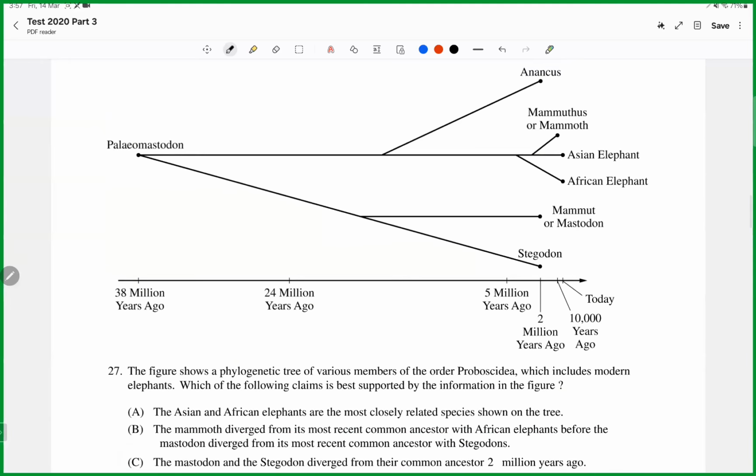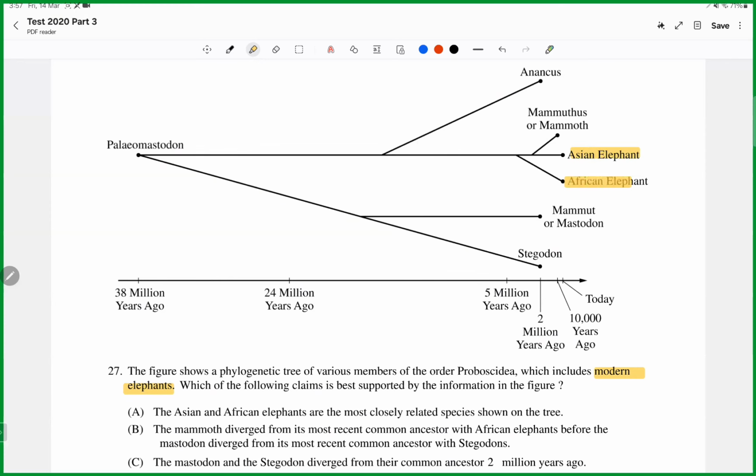27. The figure shows a phylogenetic tree of various members of the order Proboscidea, including modern elephants. Which of the following claims is best supported by the information in the figure? The Asian and the African elephants are the most closely related to each other.